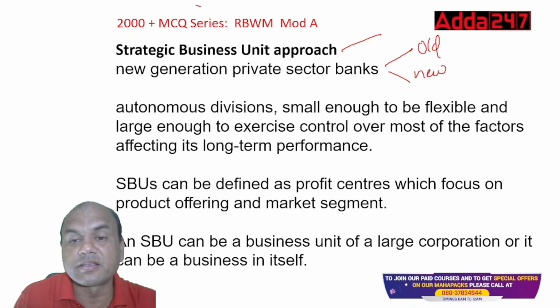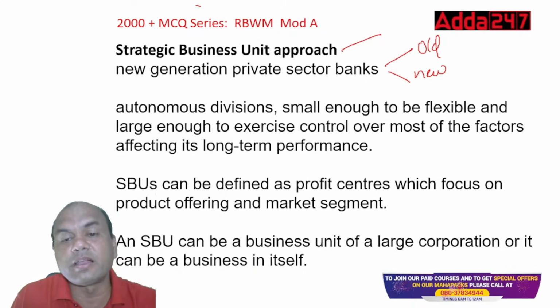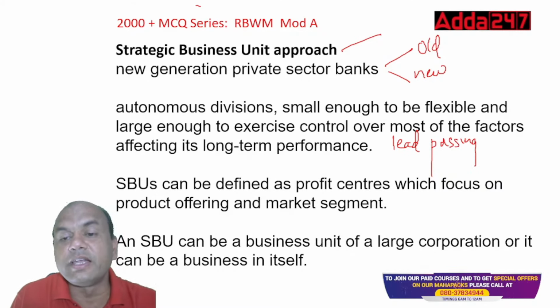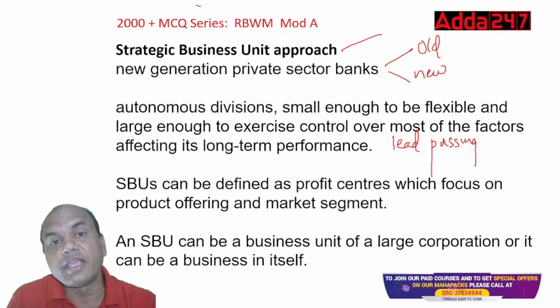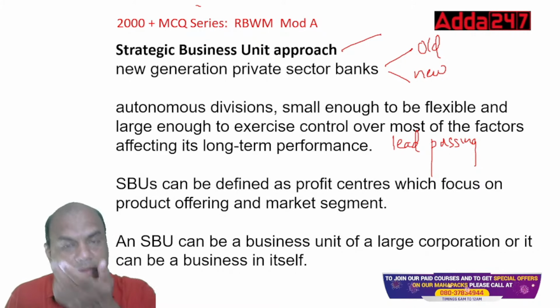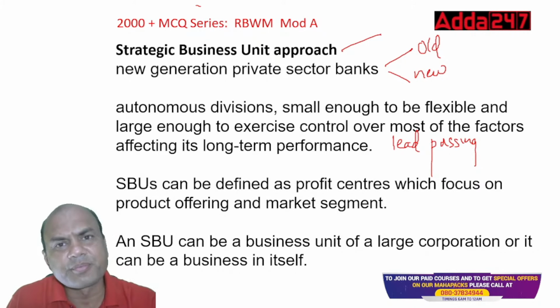Lead passing means, I'll write it over here: that is called LG, lead generator, and second is LC, lead converter. LG and LC, always remember. So the cash department person can work as a lead generator and pass the lead to the lead converter or the sales department.